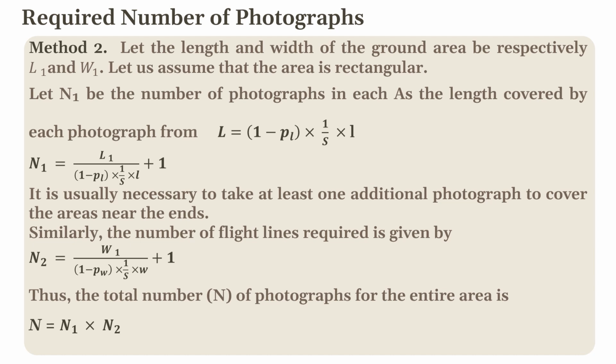So the total number of photographs capital N is equal to N1 multiplied by N2. By these steps you can figure out the total number of photographs you will need to cover your rectangular ground area. This method ensures you account for overlaps and edge coverage, giving you a more accurate count.